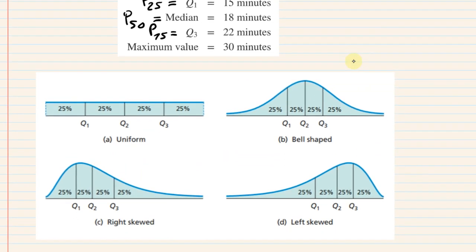Later on, in inferential statistics, when we do confidence intervals or hypothesis tests, we're going to have assumptions about the distribution of the variable we consider. For the most part, the distribution we're going to look at in the future is this one.